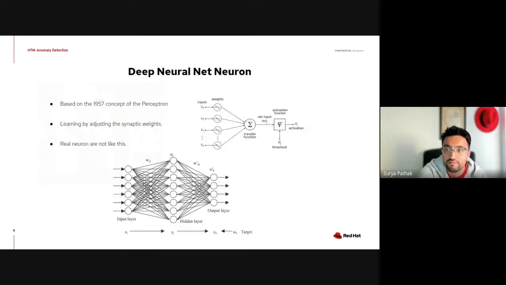If we move on, coming back to the deep neural net neuron, the figure on the right hand side is based on the 1957 concept of the perceptron, where we have inputs and weights. These weights, which are generally compared with synapses, are summed up in a neuron-like format, and to get the output, we pass it through the activation function, which is generally non-linear.